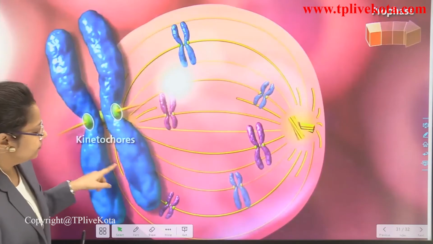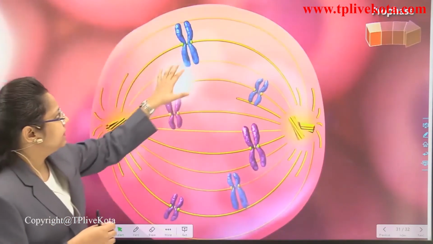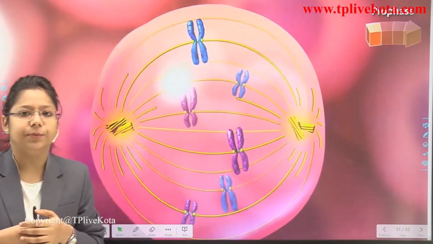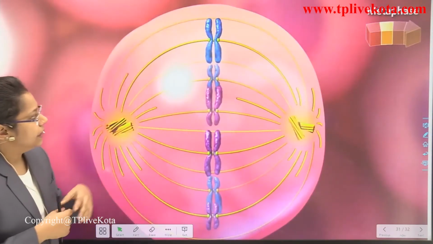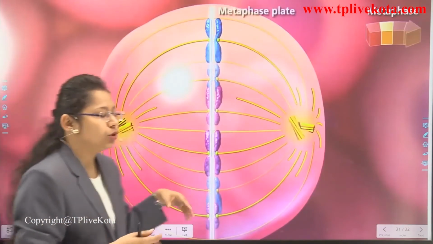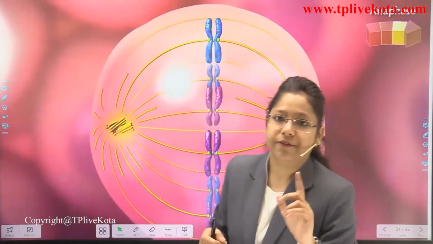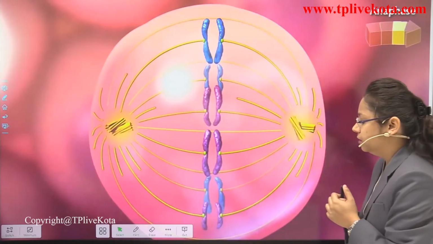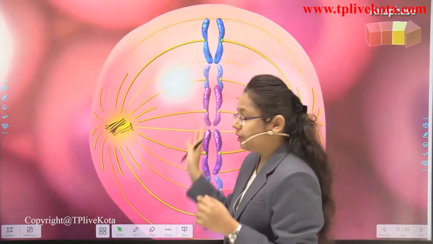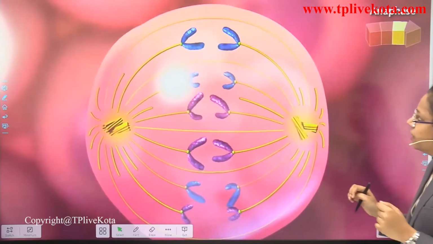And this is the kinetochore, the basic protein which helps in attaching them. Now in the metaphase stage they come to the equatorial position. I have told you that they come to the equatorial position, you can see here the tilted position, equatorial.